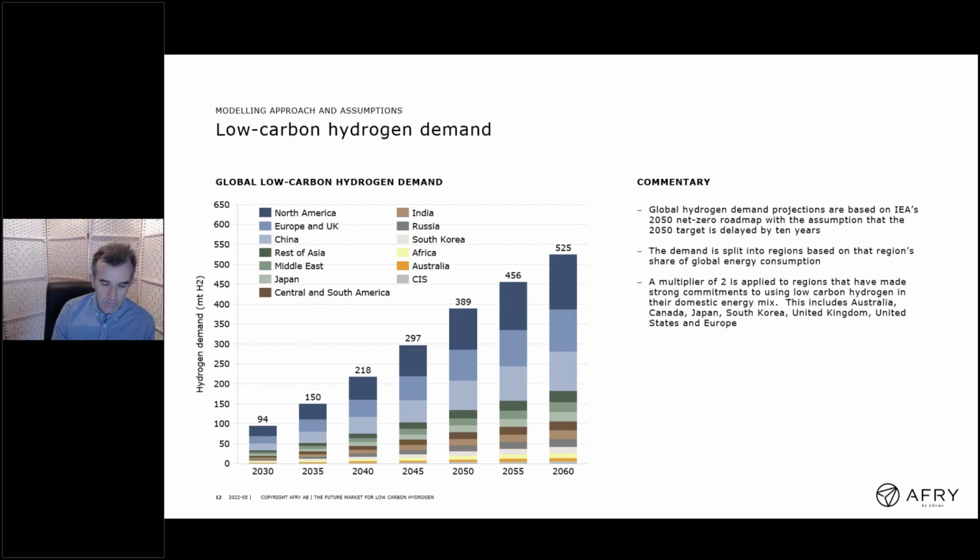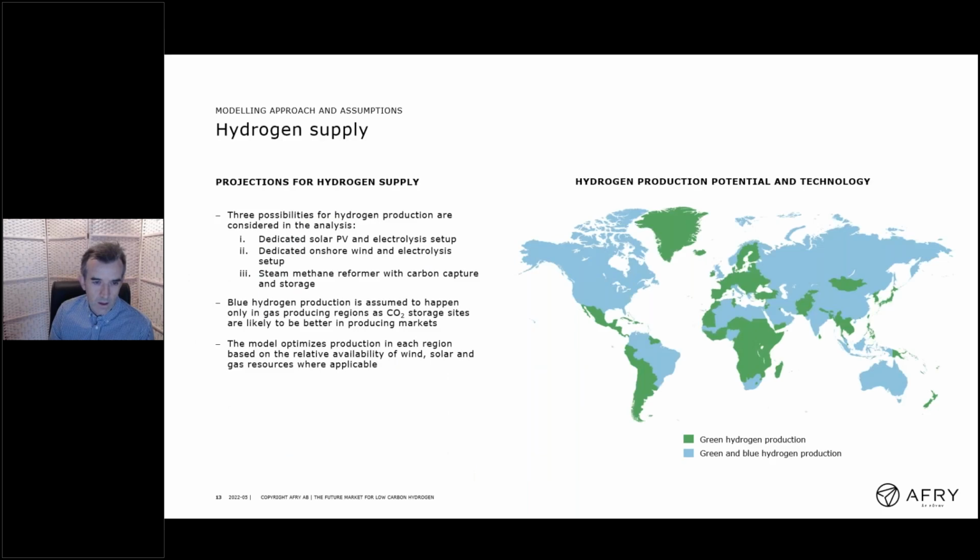We have upgraded those so that they have a greater share of low carbon hydrogen because they have stronger announced policies. Again, it's just an assumption, but we feel that is reasonable because Europe, Japan, Korea and other OECD states have a very strong desire to use low carbon hydrogen and use it more quickly than the rest of the world.